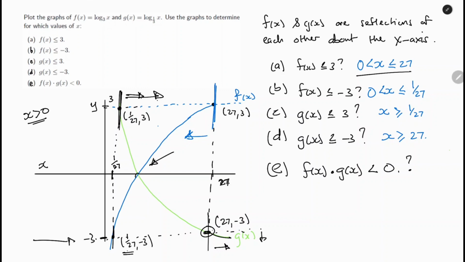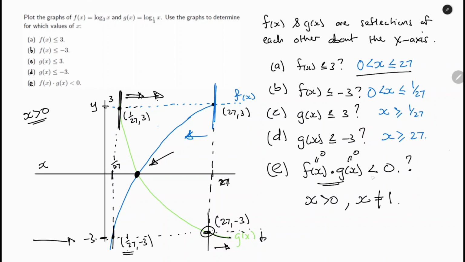point here where they intersect, because at that point they are both equal to 0, right? So what we have here is that x is greater than 0, but x is not equal to 1, because at x is equal to 1, this is going to equal 0, that's going to equal 0, and this whole thing will equal 0.